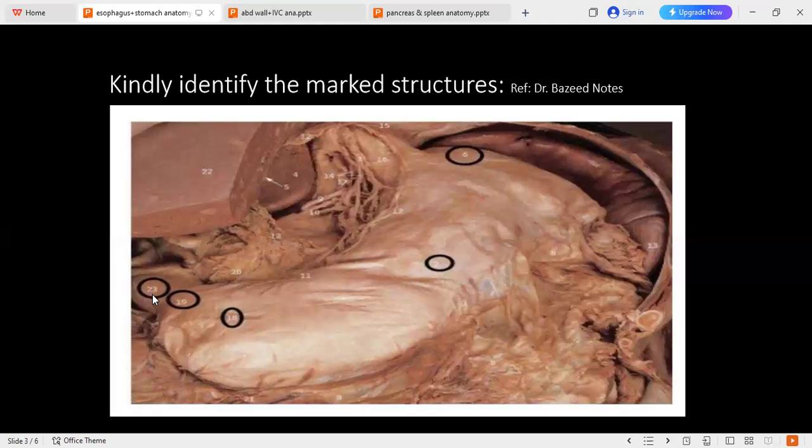Left splenic artery. Anything else? I think inferior vena cava and aorta.